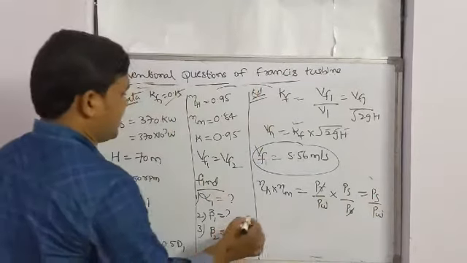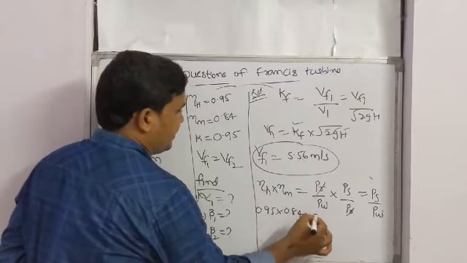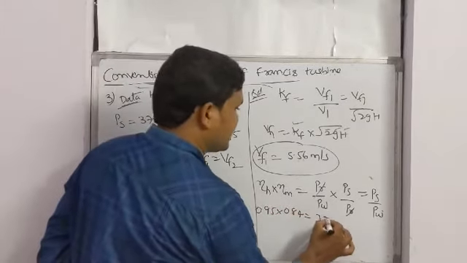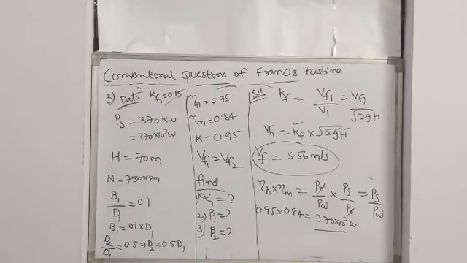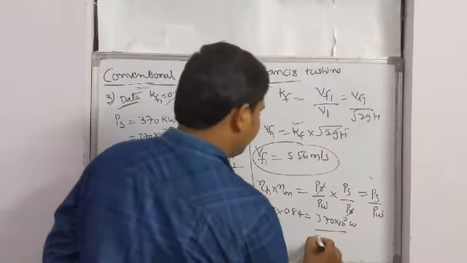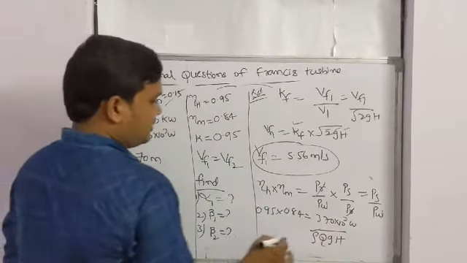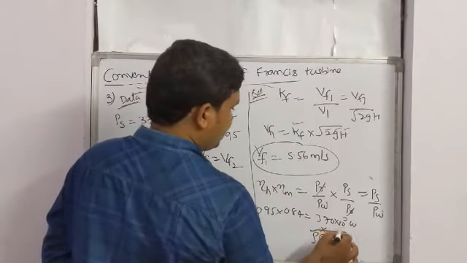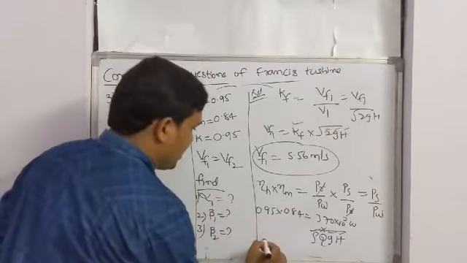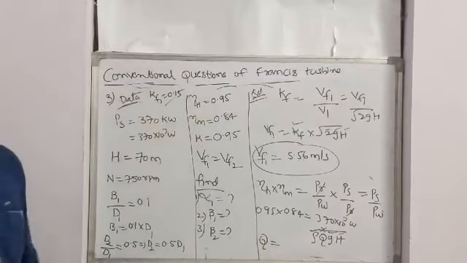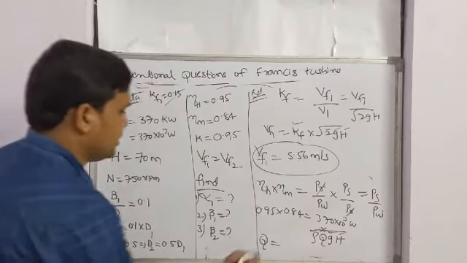Hydraulic efficiency is 0.95, mechanical efficiency is 0.85, shaft power is 370 into 10 to the power 3 watts, divided by water power, which is rho QgH. Rho is the density of water, 1000 kg per meter cube, g is 9.81 meter per second squared, and H is given in the problem. By substituting all of this, we get Q as 0.067 or so.